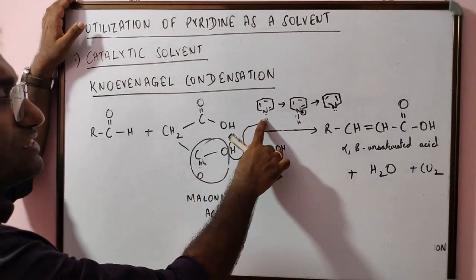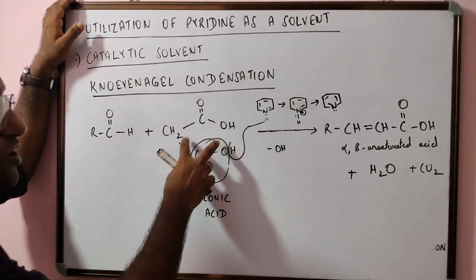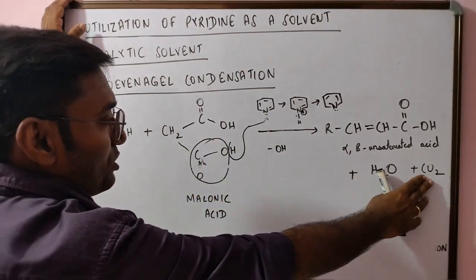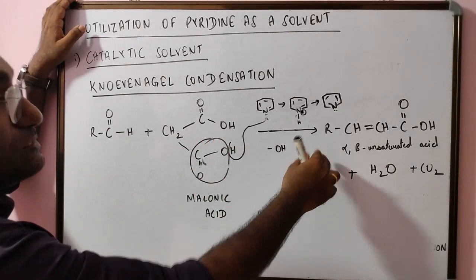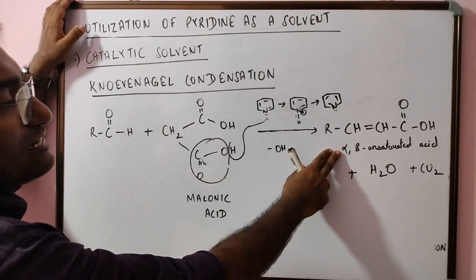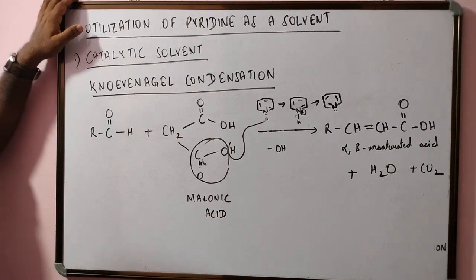While it forms a bond with the hydrogen atom, it also speeds up the release of the carbon dioxide molecule, thus initiating the speedy formation of the product, which is the alpha beta unsaturated acid.